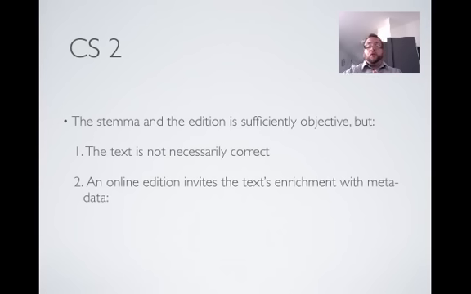And then there's the second thing: an online edition always invites that the text is enriched with some metadata. And we want this. We want talks, we want articles, we want an article linker, we want pretty much a commentary in all kinds of different languages linked to our edition of the text. So this is a great reading experience, and again, it is the most informative text of the Satirica you can ever build.